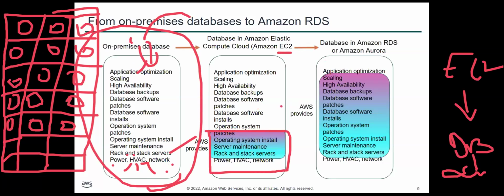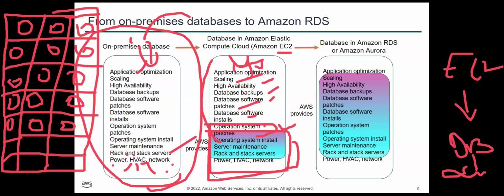Now, if you're taking EC2 as your instance for a database, what are the things you have to manage? AWS will manage the operating system patches, the server, power, HVAC, and network. But the remaining things, that is application scaling, availability, backup, software patches, database software, and database installation, you have to do. Again, half the work is done by AWS, half the work is done by us.